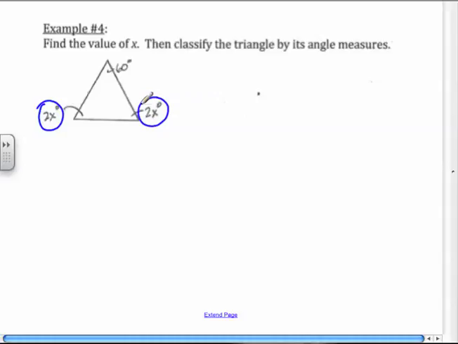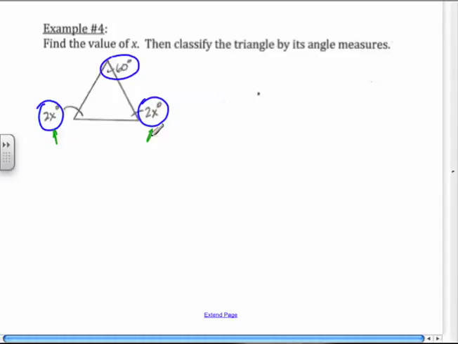I know that this one up here is 60, and I know that this one and this one are the same measures. So I've got an idea already of what these angles should be. But let's just go through the process. How would I solve this if I didn't know automatically what these angle measures were?